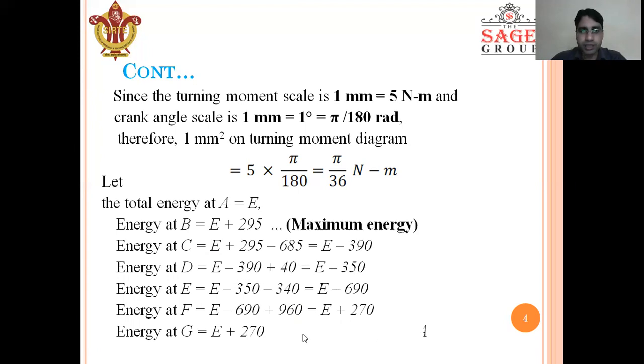Here you can see that point B has maximum energy and point E has minimum energy.